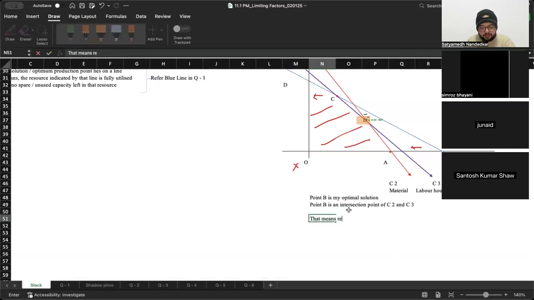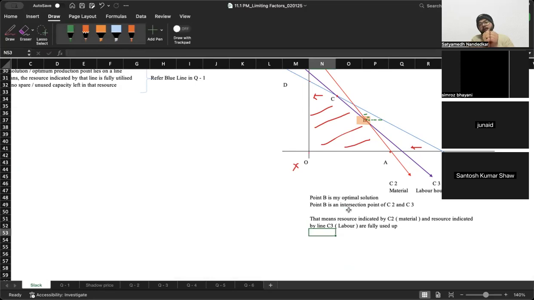That means the resource indicated by C2, that is material, and the resource indicated by line C3, that is labor, are fully used up.